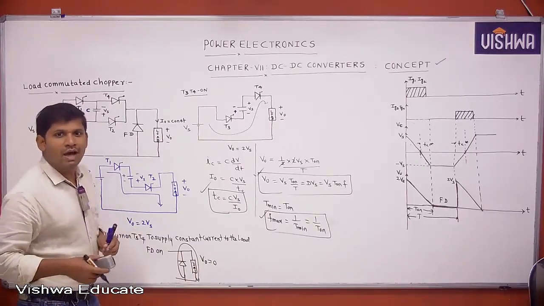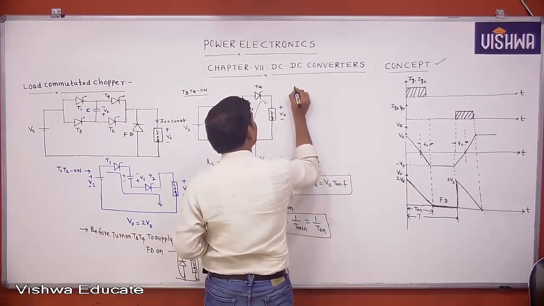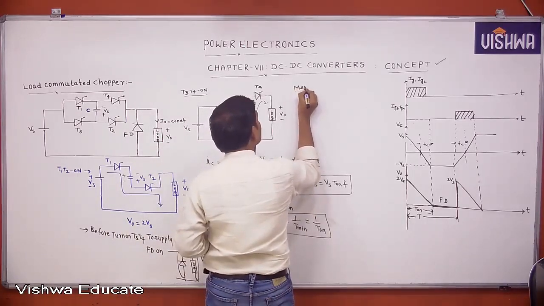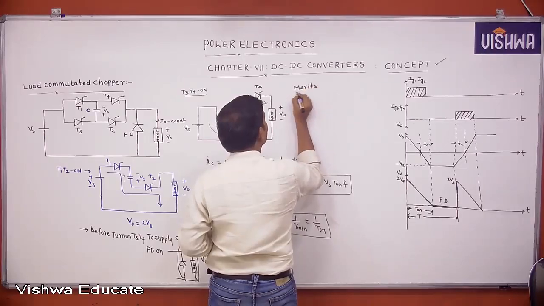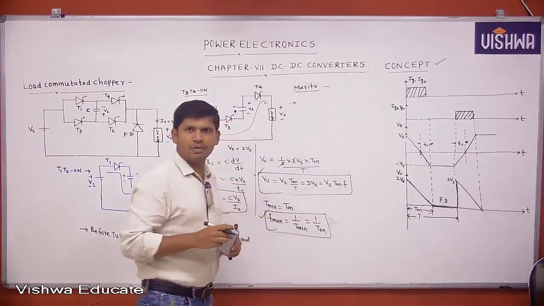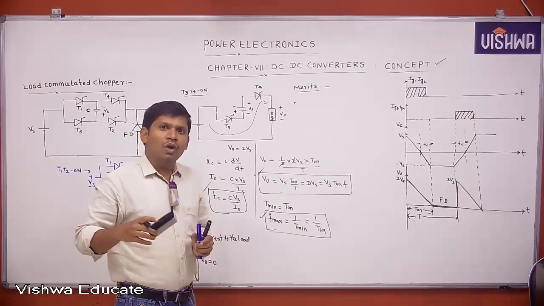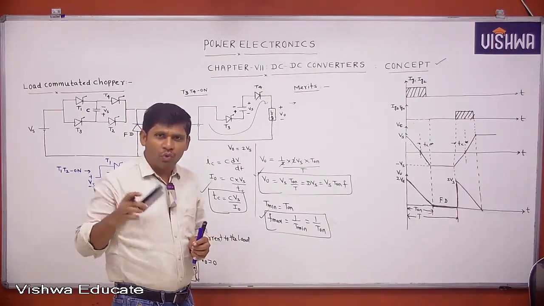Then what is the advantage of load commutated chopper? What are the merits? Point to remember: it is used to commutate any value of load current.